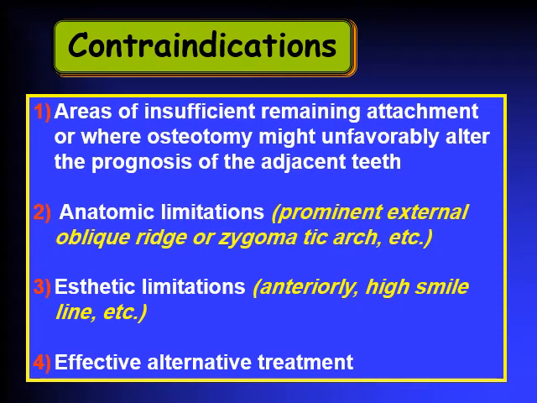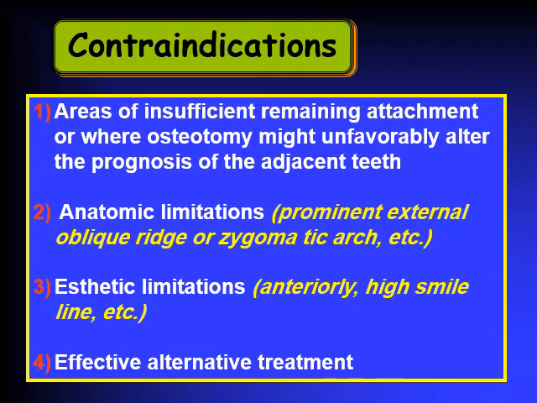The contraindication of osteotomy is areas of sufficient remaining attachment, or where osteotomy might unfavorably alter the prognosis of the adjacent teeth. So in this situation, it is contraindicated. Or in anatomic limitations, prominent external oblique ridge or zygomatic arch, etc. Or this you can't do osteotomy.